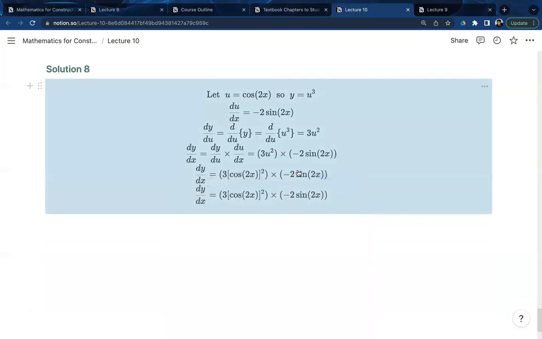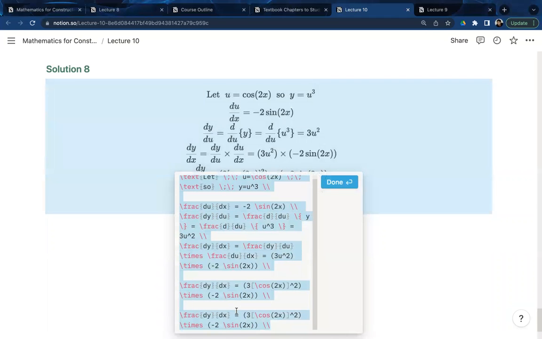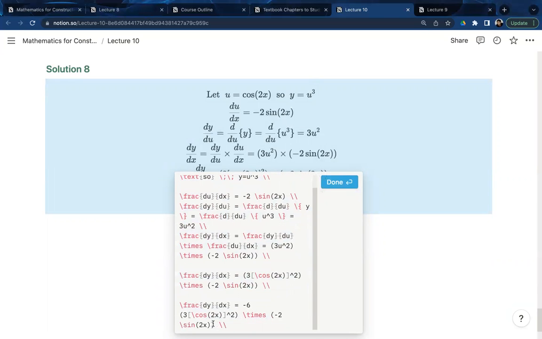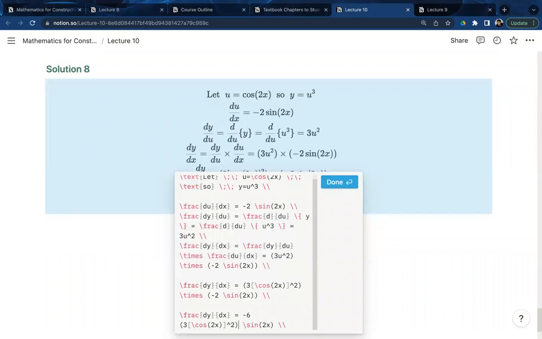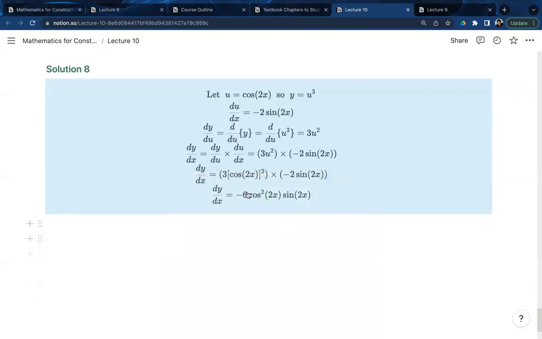So 3 times negative 2 is negative 6, so let me write negative 6.